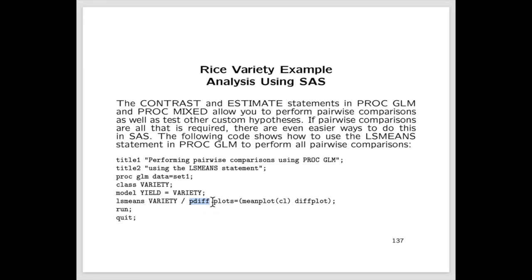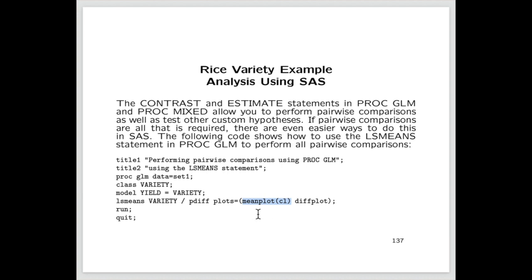And then SAS will automatically produce some graphics, but I'm showing how to ask for those graphics specifically, and in the case of the first plot, which is called the mean plot, how to request the confidence limits for the confidence intervals for the individual population means.